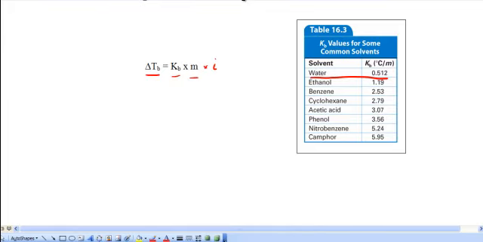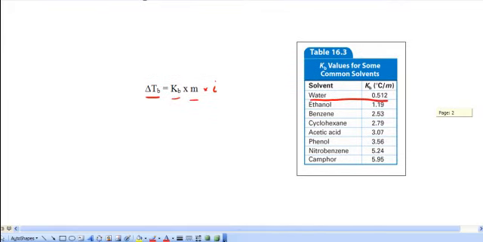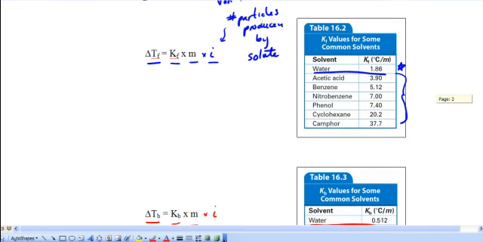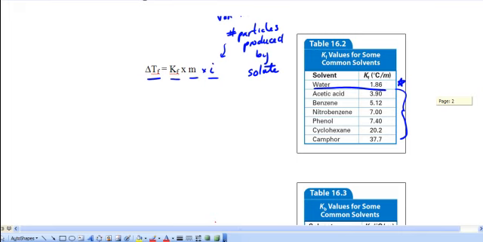It seems to be lagging behind here. There we go. This should be the Van't Hoff factor with an apostrophe T there. Not a big deal, but we should be correct.